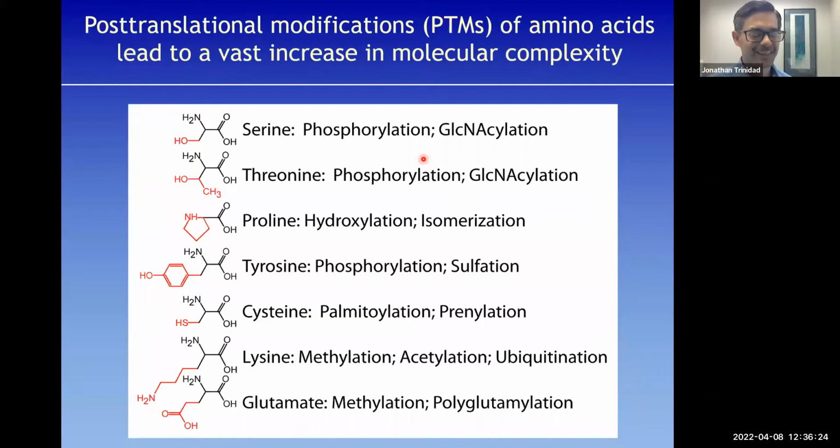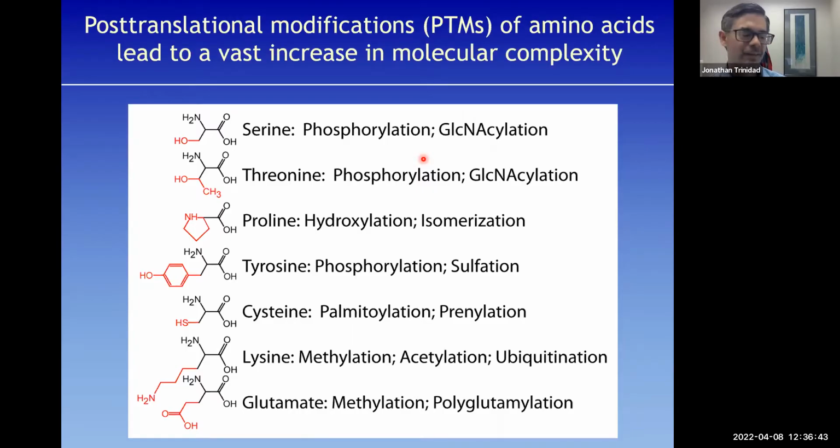At least if you look in the textbooks, right? We don't see some of these modifications very frequently in mass spectrometry. In fact, we don't look for most of these more obscure modifications. Not the ones I'm showing, but the hundreds of others I'm referring to.